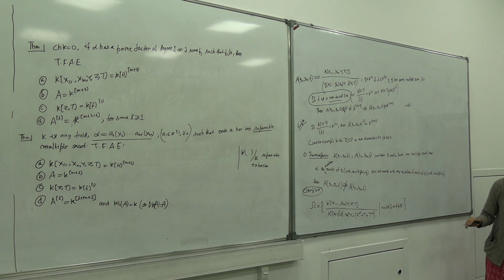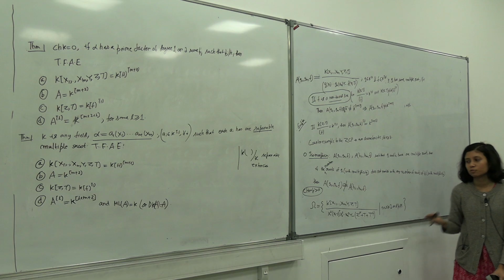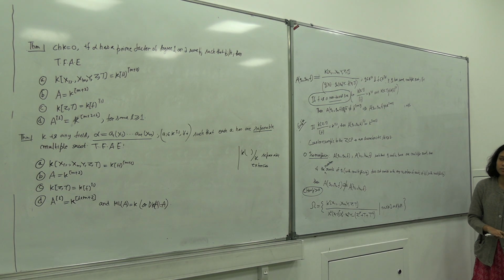If I consider this family, then every member is a counterexample to the Zariski cancellation problem, of course for n greater than or equal to 3, and no two members are isomorphic.